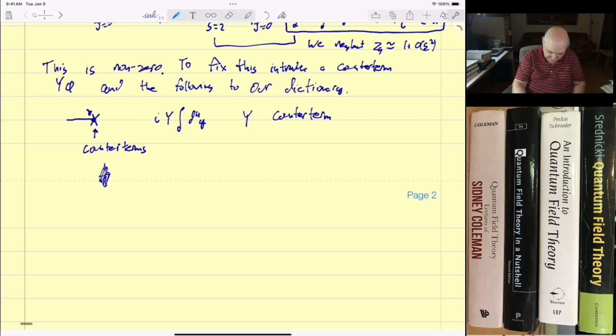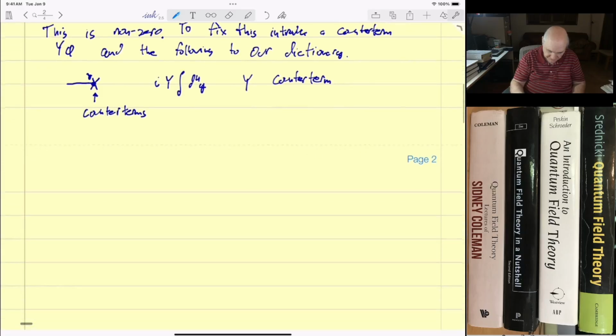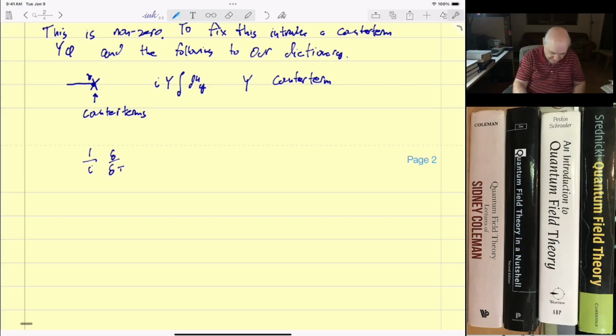You know what, let me start this on a new page. 1 over i del/del j at the point x, and then at the point y we're going to have our new counter term diagram. The symmetry factor for this diagram is just 1, and evaluated at j equals 0.